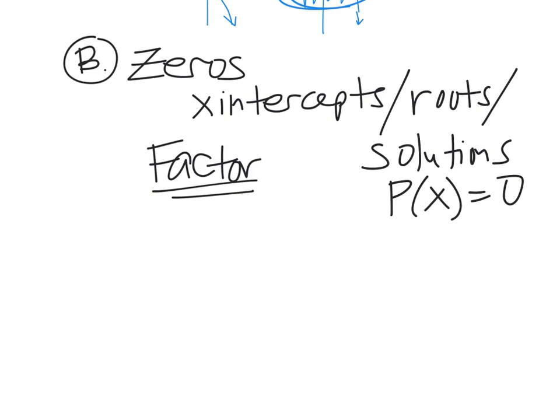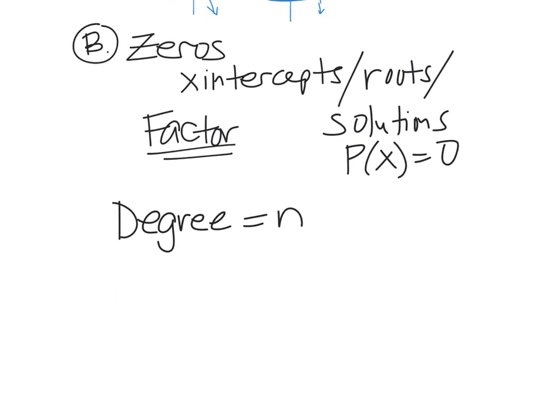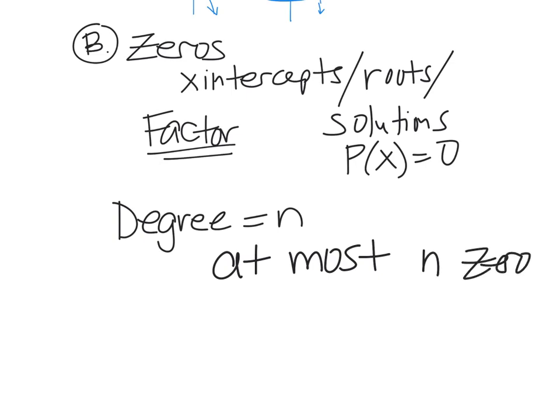Now, here's what you need to know. Let's say that the degree of our polynomial is equal to n. That's going to be important because your polynomial will have at most n zeros. So if it's a quadratic, you will have at most 2 zeros. Now, why do I put in the words at most?